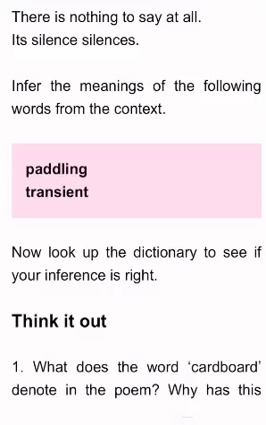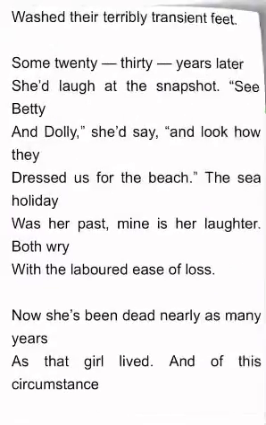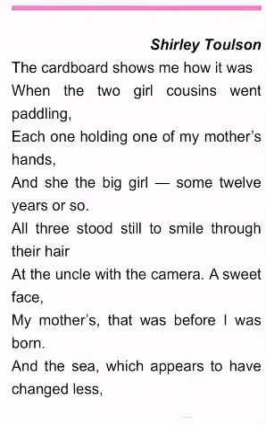Okay, so now see the fourth line of this poem. All three stood still to smile through their hair. Here are the repetition of the sounds S and th. Okay, so now another examples you have to find out in the poem.